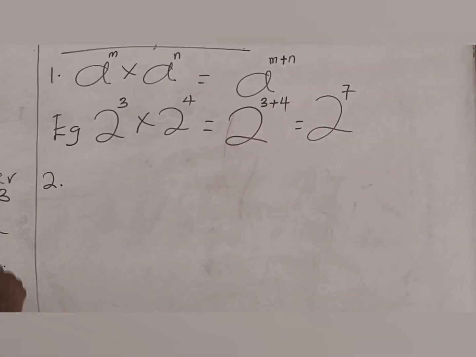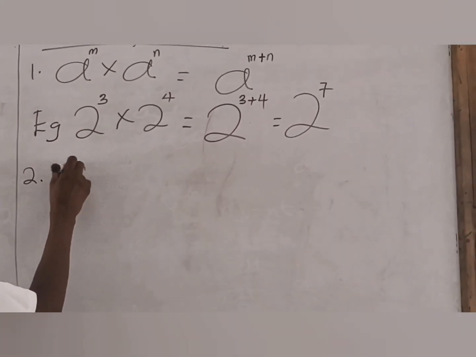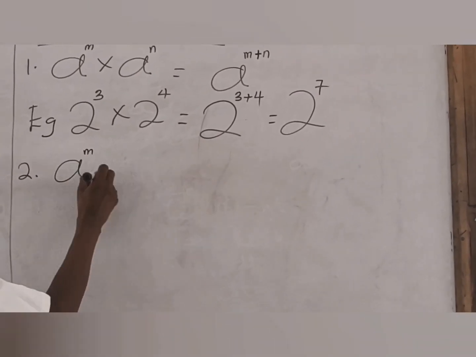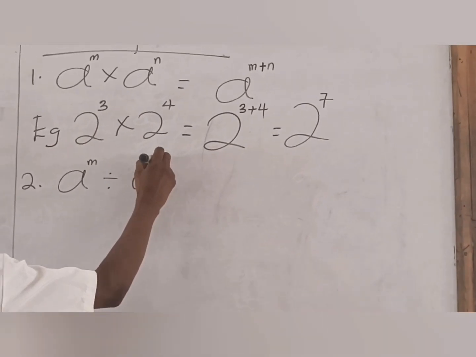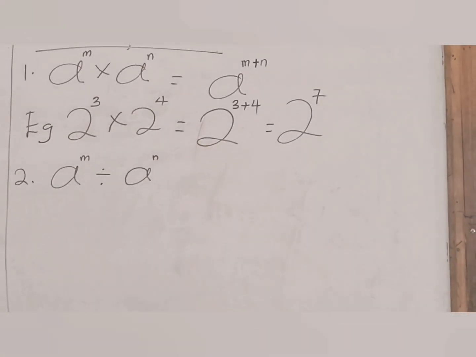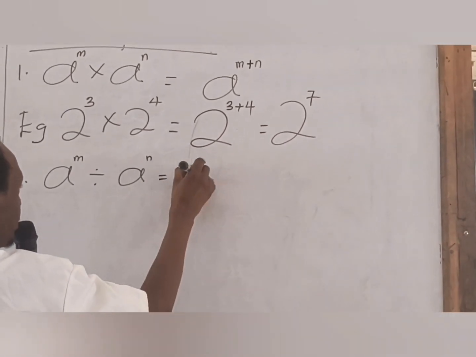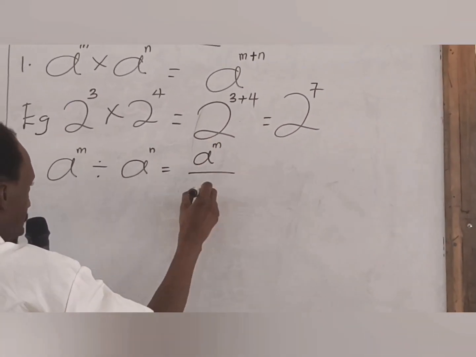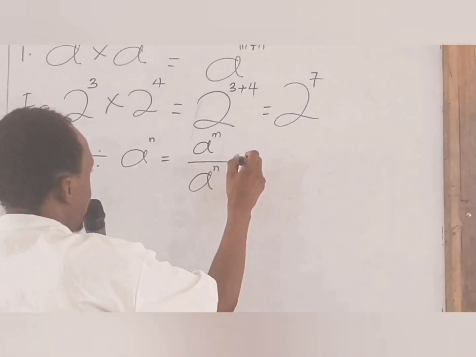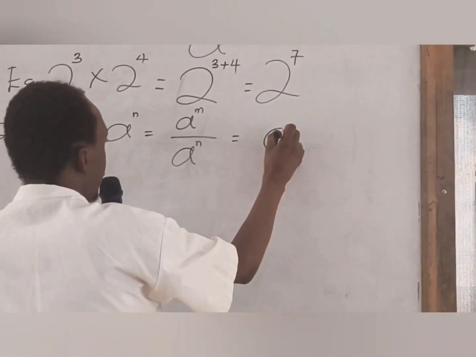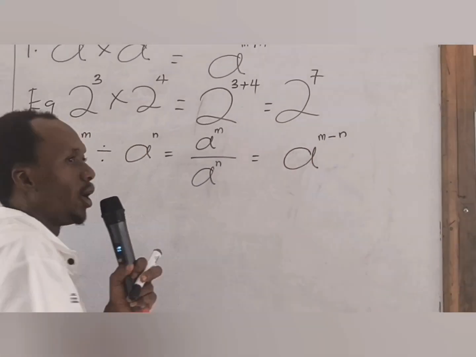2. When you have an index dividing another index such that the bases are the same, this is the same as a power m over a power n. You write the number down, then the top power minus the down power.